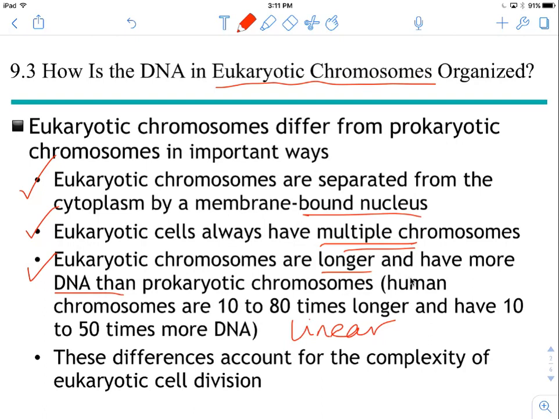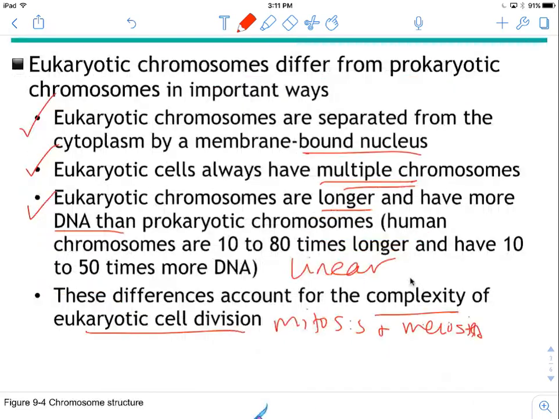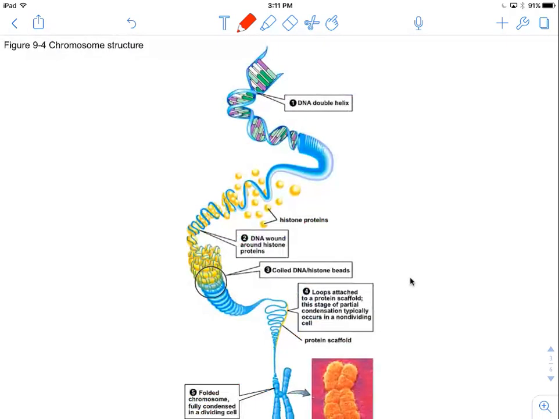Okay, and all of these differences together account for why eukaryotic cell division, i.e. mitosis and meiosis, is so complex, because it has to keep track of a lot more, larger chromosomes. So I just wanted to go over this slide again, showing you how chromosomes are arranged.